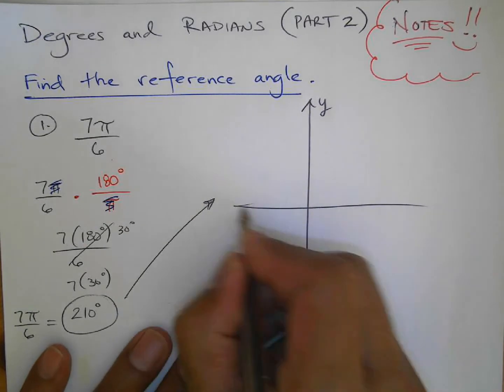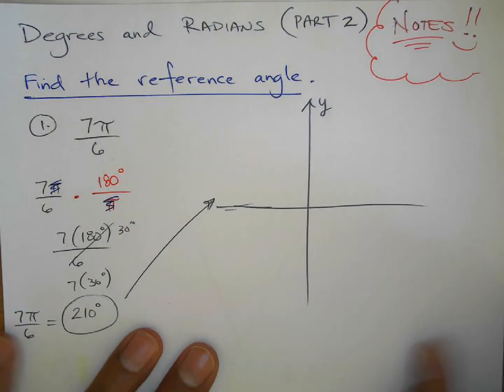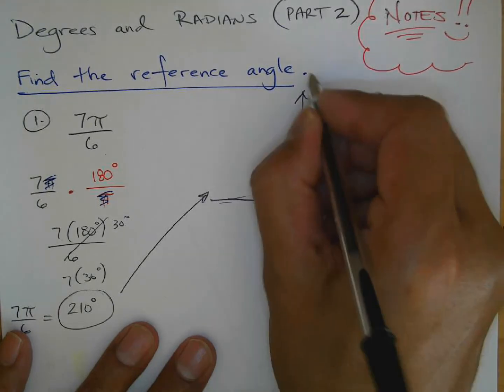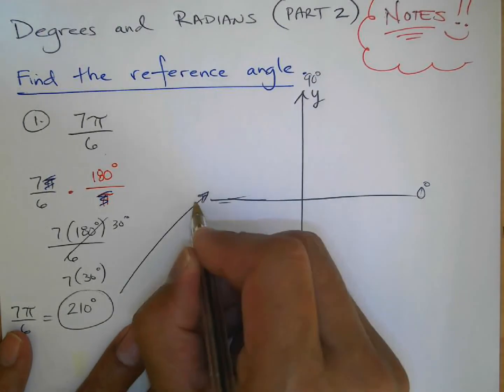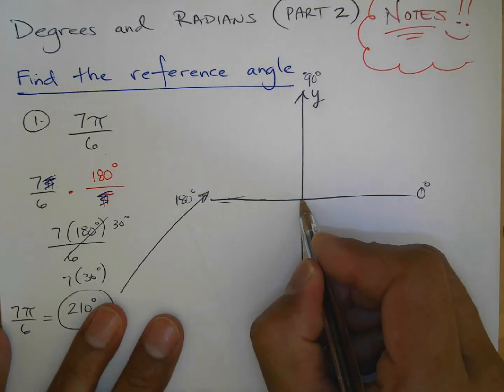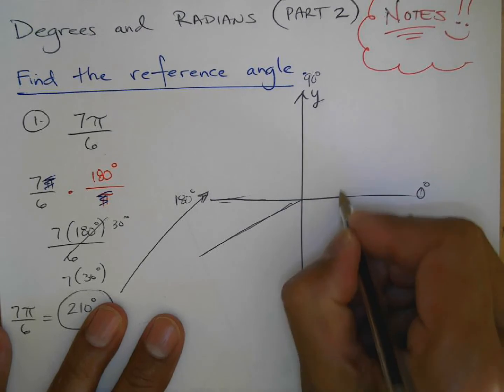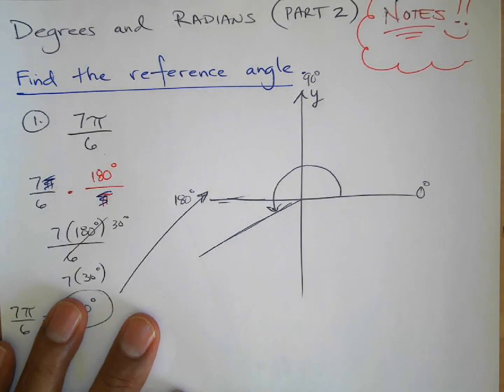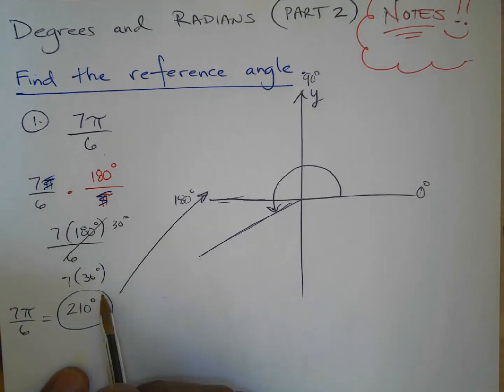210 degrees is, well, positive 210 degrees. Here's 0. Then here's 90. And then here's 180, right? So 210 has to be a 180 plus what? Plus 30 more, right? 210 degrees.